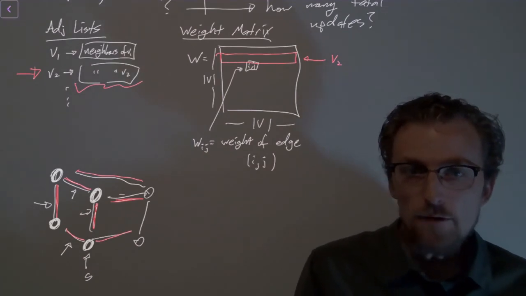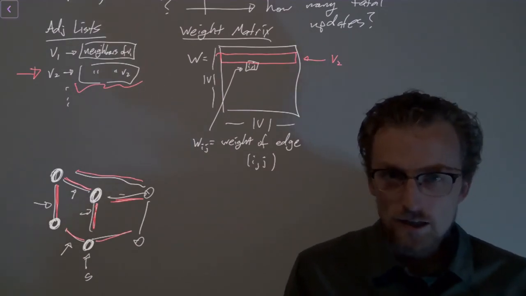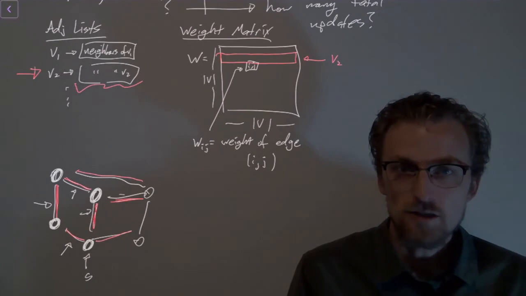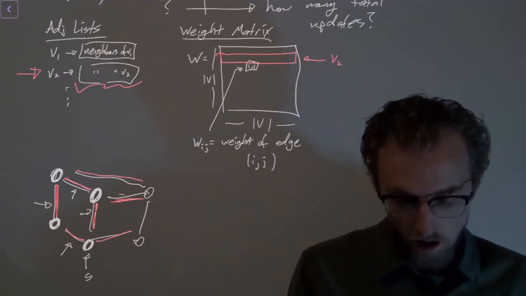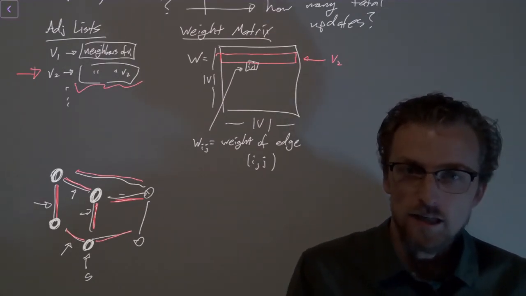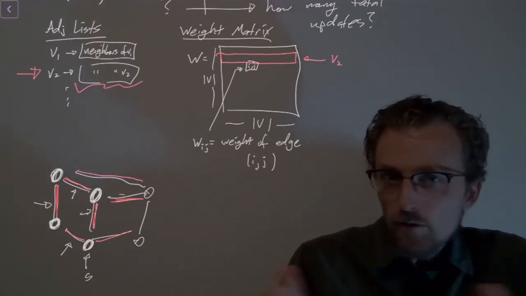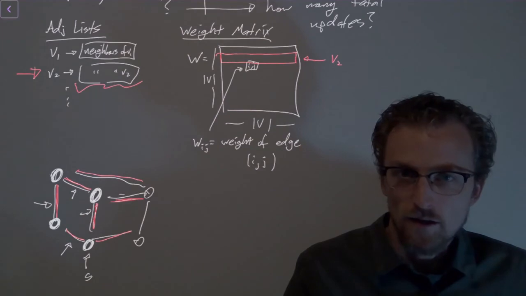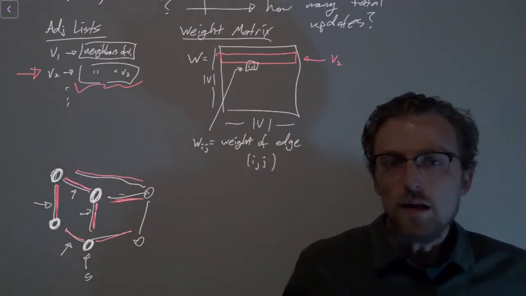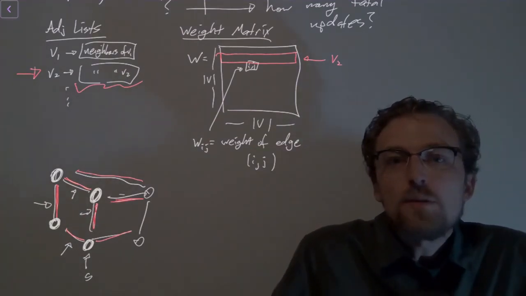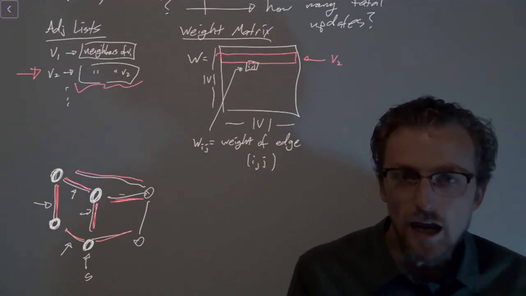Okay, so if we've represented our graph as an adjacency list, then we have a guarantee that the second for loop is never longer than it has to be. It only ever looks at the neighbors of the node. And we have a guarantee that we never have to update more than once per edge.